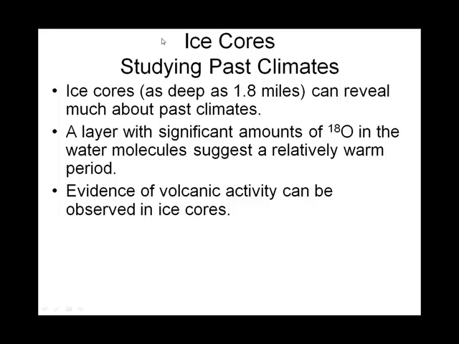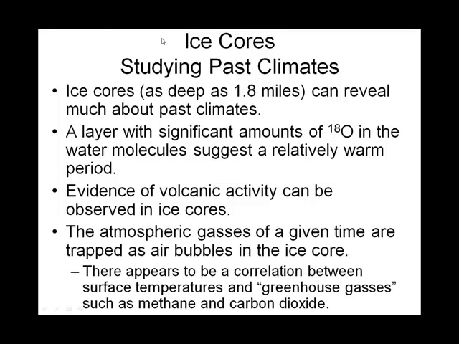The other thing we can do when we get ice cores is look for volcanic activity. And it's kind of cool, but paleoclimatologists can, if they're careful, actually isolate the gases. When they talk about the amount of carbon dioxide in the Earth's atmosphere way back when, they've used these ice cores to carefully analyze for those trapped gases.